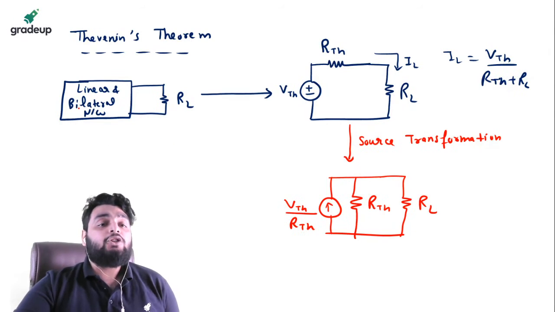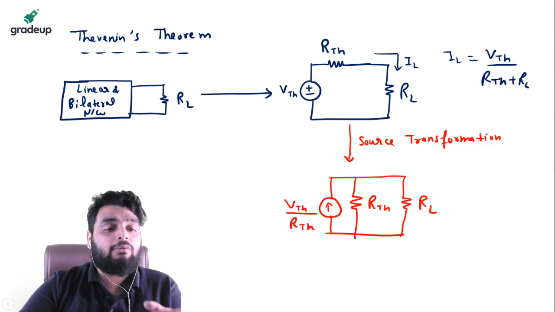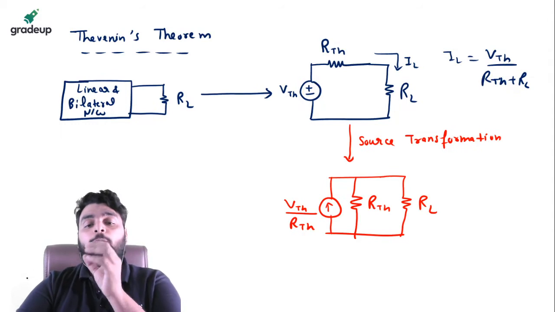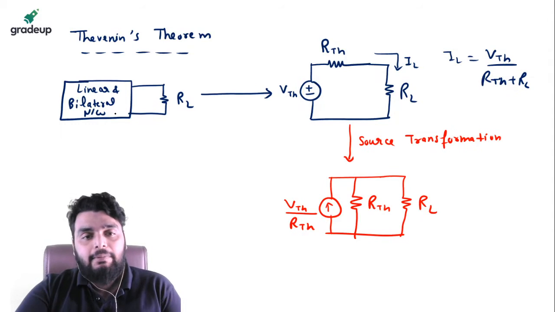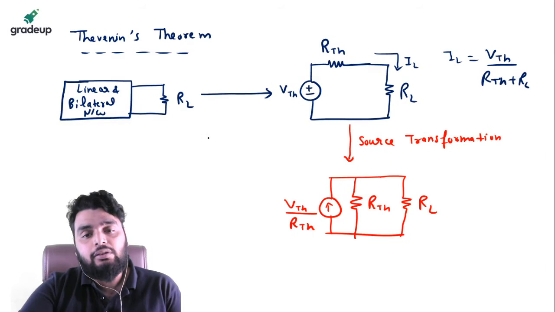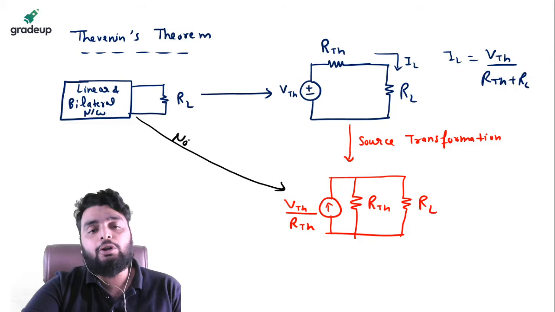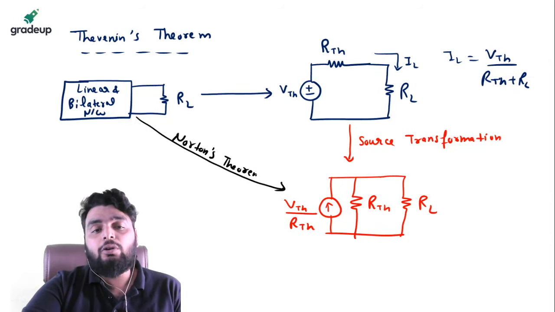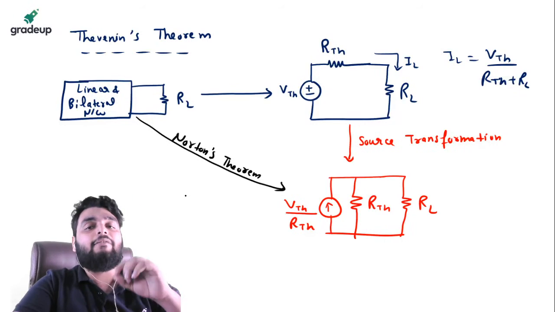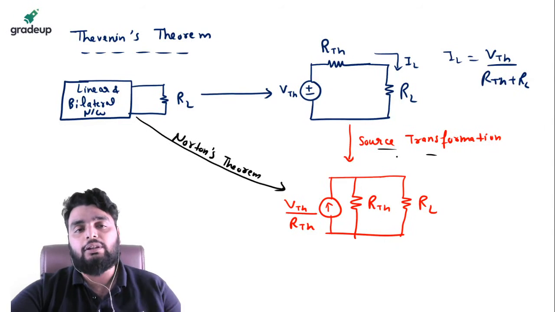So you can see, the same network can be represented as a current source also. The direct conversion to a current source is known as Norton's theorem. So the difference between Norton's and Thevenin's theorem is just a source transformation.